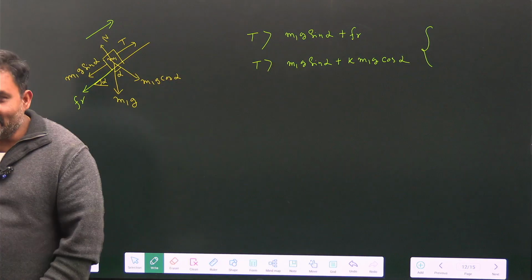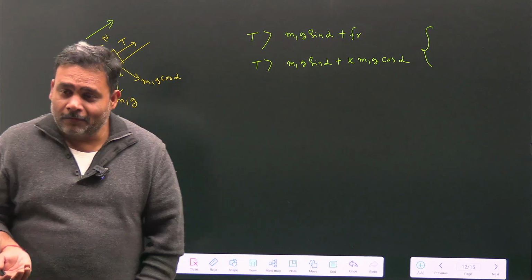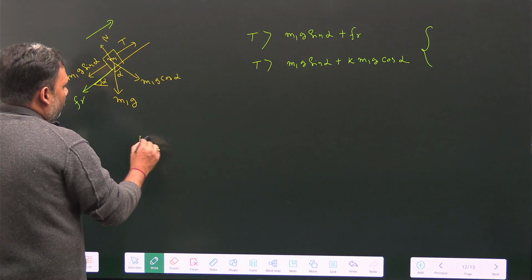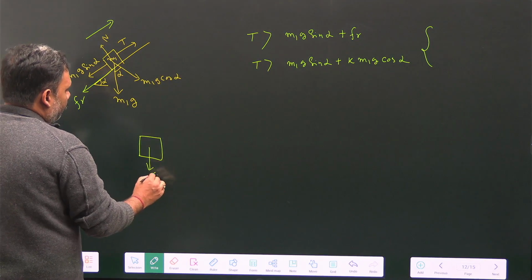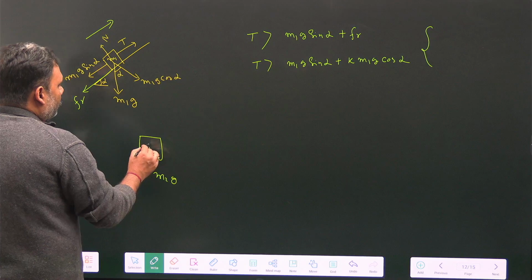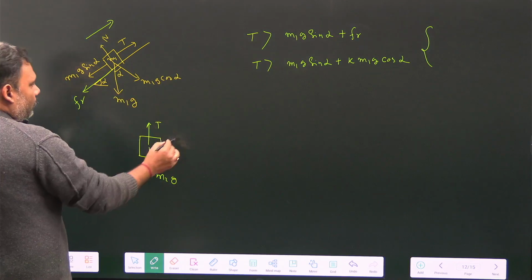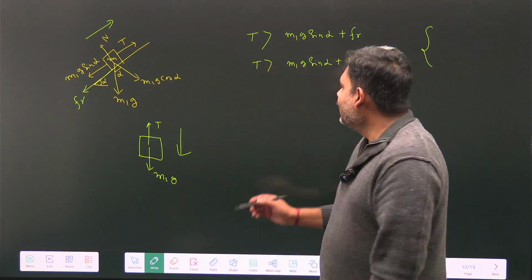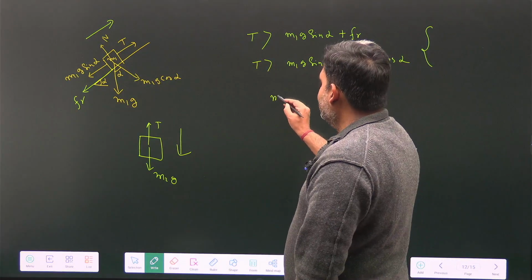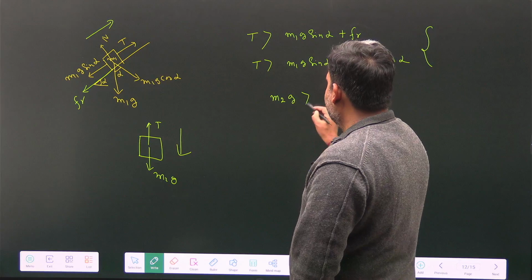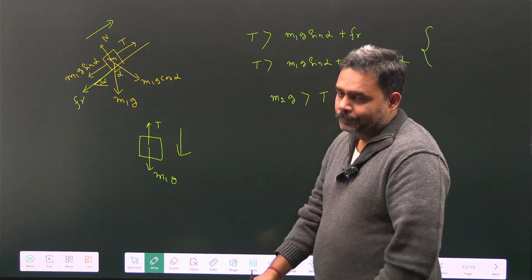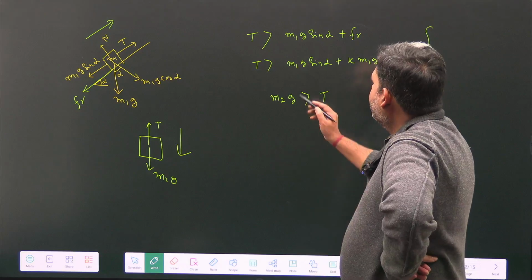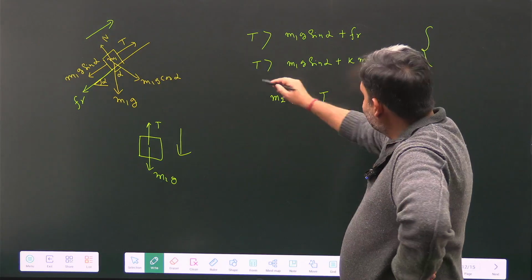लेकिन यहाँ सिर्फ m1 की ही कंडीशन नहीं देखना है, हमें m2 की भी कंडीशन देखना है. So what is condition for m2? If you are talking about m2, then again this is my force, that value is m2g, this is my tension. Now this is going downward. What is meaning of that? m2g is greater than tension. Tension is greater than this.